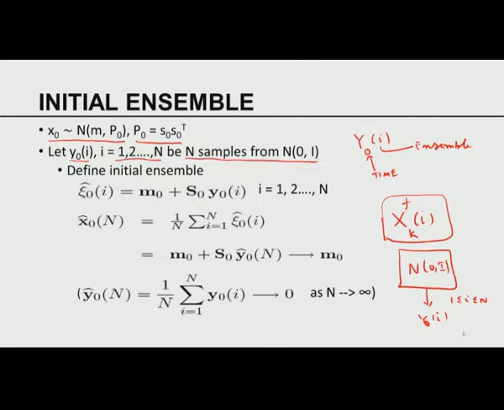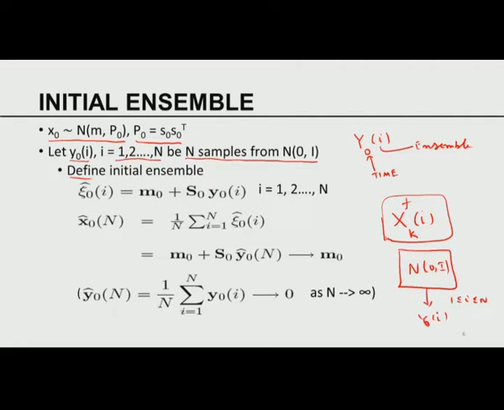What is n? N in principle could be a million if the vector x naught is of size a million, but even though the vector size may be a million, I don't have the luxury of being able to pick a large sample. So we cannot do large sample theory, we have to do finite sample theory, small sample theory. That is what we are going to be talking about.